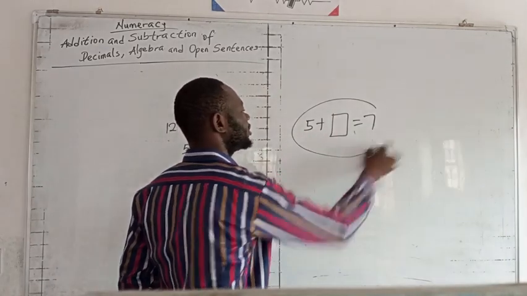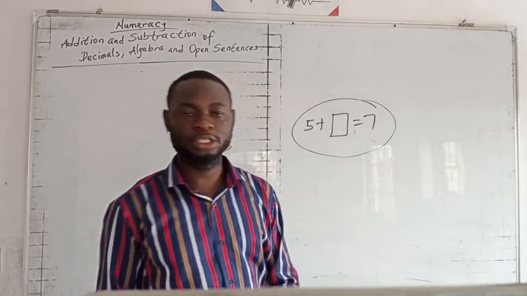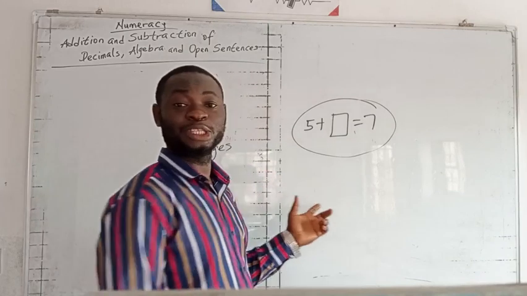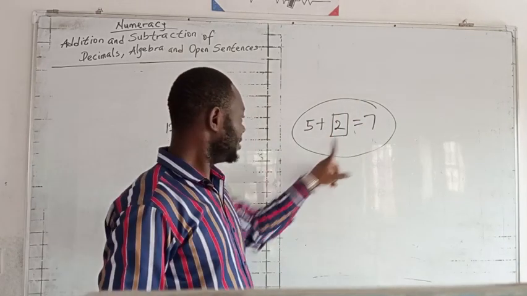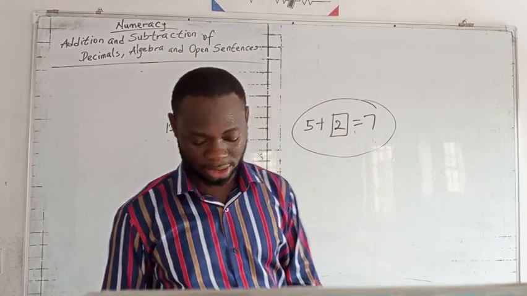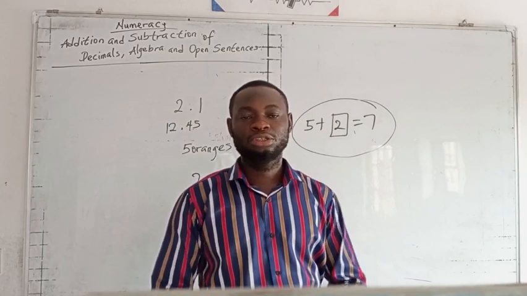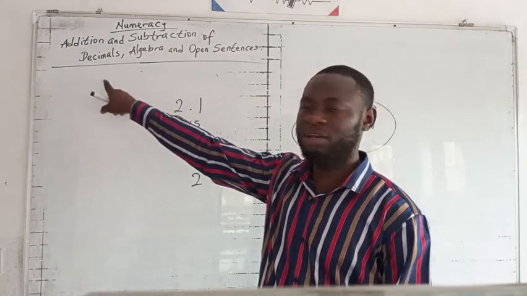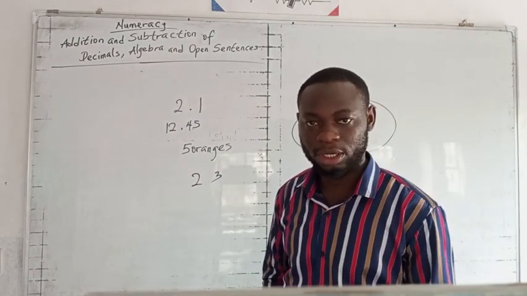A question in this format is called an open sentence question because there is a missing number. 5 plus what is 7? 2. What does it mean? That the missing number is 2. So this question is an open sentence. Now, having said that, let's look at some examples that involve addition and subtraction of decimal numbers, algebras, and open sentences. Okay?